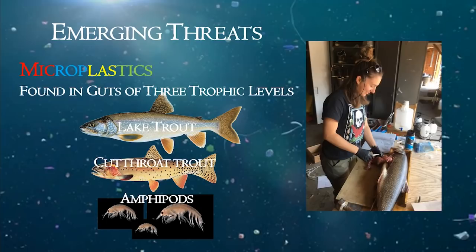These included amphipods, which are small crustacean species that are heavily preyed upon by cutthroat trout and lake trout. We found them within cutthroat trout stomachs, and within lake trout stomachs. The impacts of microplastics on the food web of Yellowstone Lake are unknown, but we intend to conduct further research to better understand this problem.